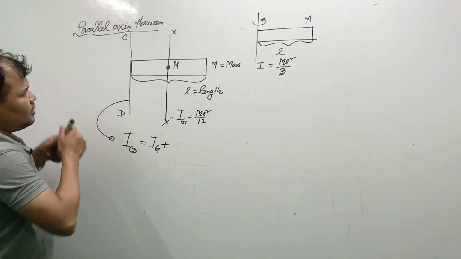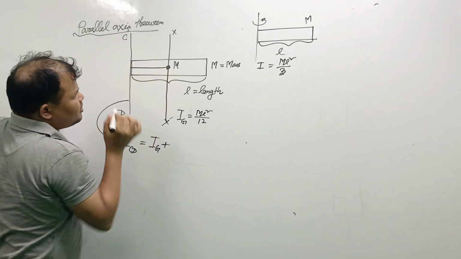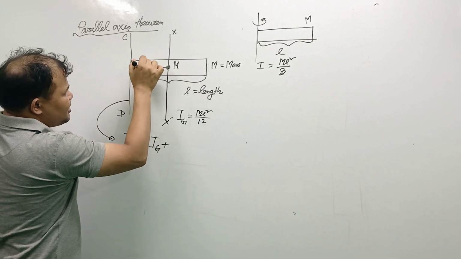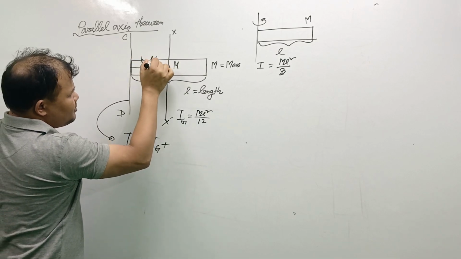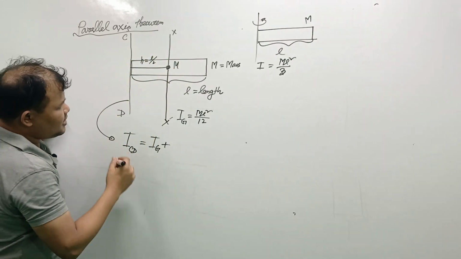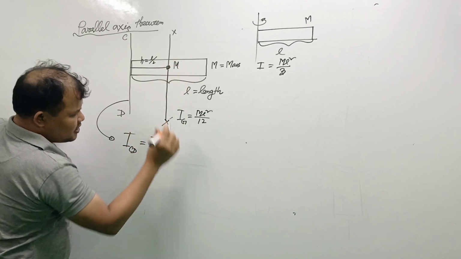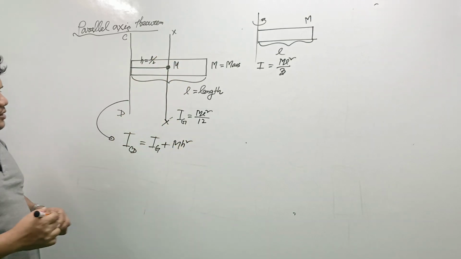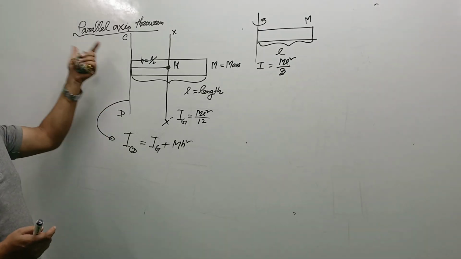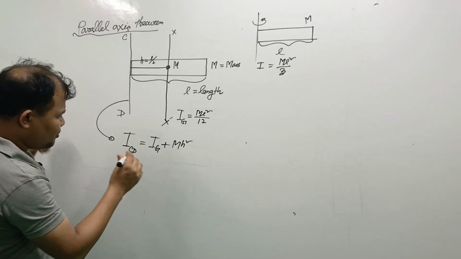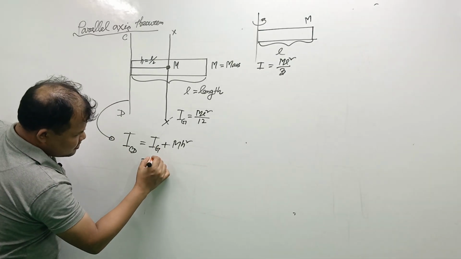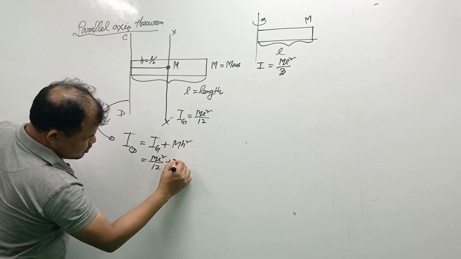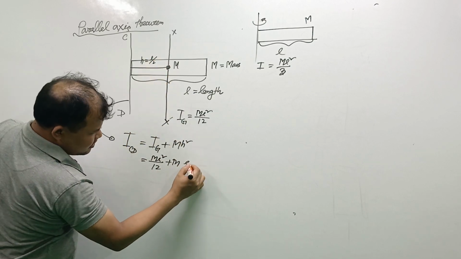The perpendicular distance between the two parallel axes, if the total length is L, is L divided by 2. Now we write m multiplied by h squared. This is the equation of the parallel axis theorem. Now we put in the values. The value of Iz is mL² divided by 12, and h is L divided by 2.